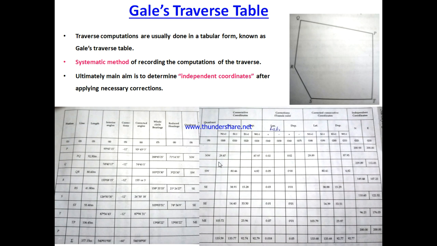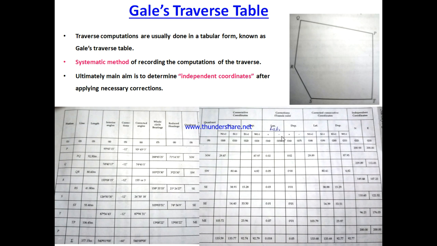So TP line and PQ line are in the first quadrant, so we have taken them as positive because they represent the north direction. In the same manner, they represent the projection in the east direction, so we have taken positive values. The rest of the latitude values are considered negative. In the similar manner, departure values are taken and we can do the algebraic summation.